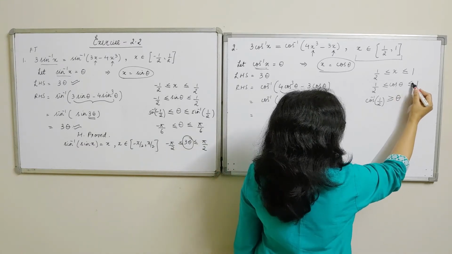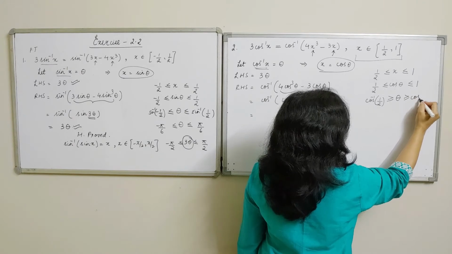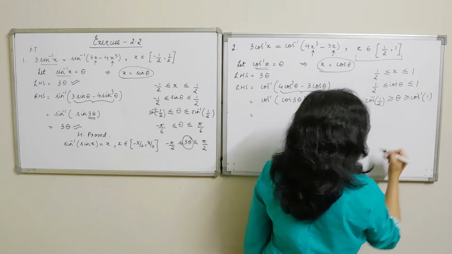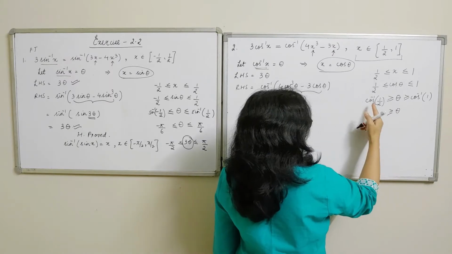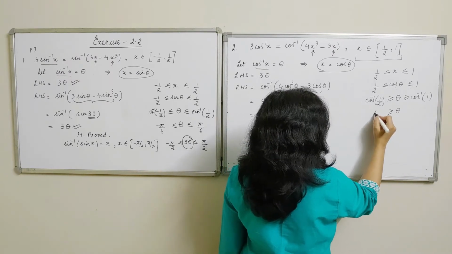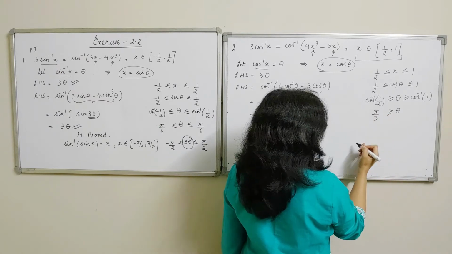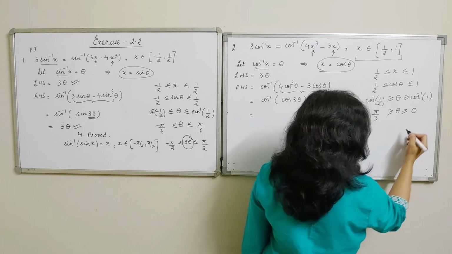If cos theta is less than or equal to 1, then theta will be greater than or equal to cos inverse 1. So here let us find the principal value of cos inverse half, and cos inverse half is pi by 3 radians. Cos inverse 1 is 0.